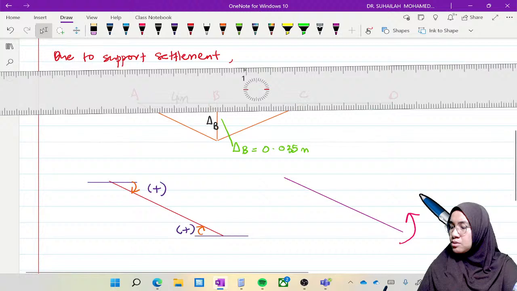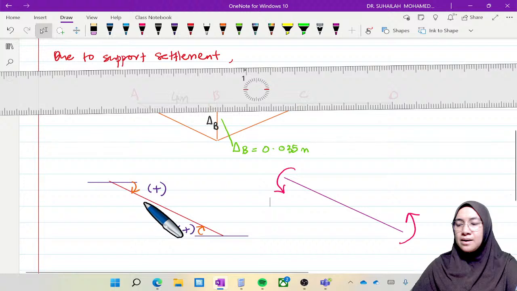Between the angle here, which is representing the angle, the angle is positive, FEM is negative. This is FEM.